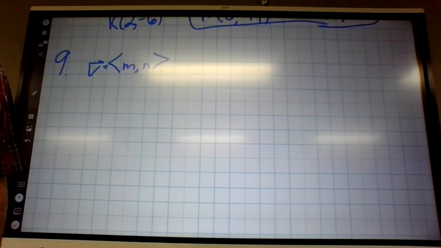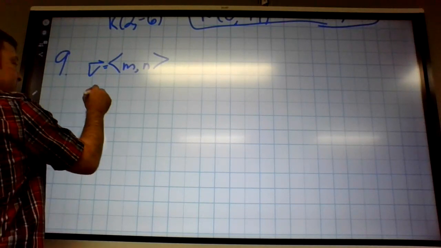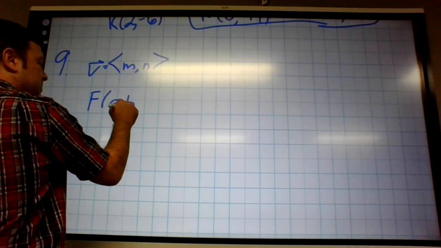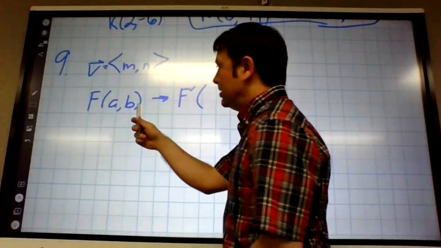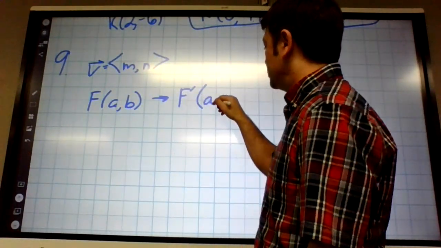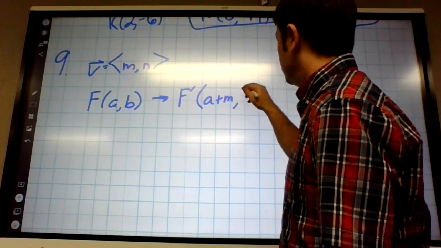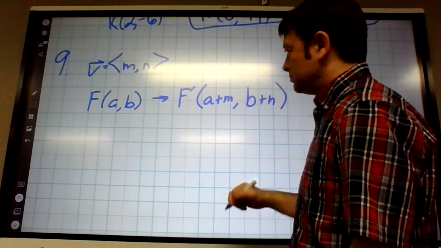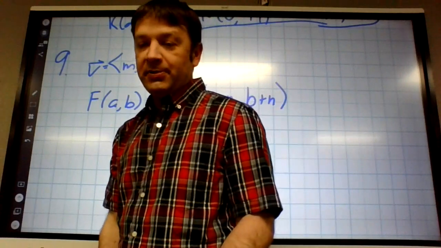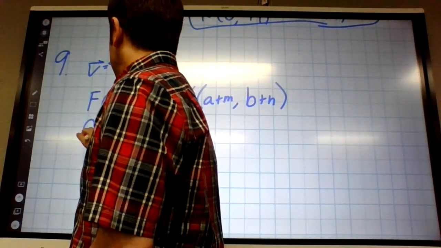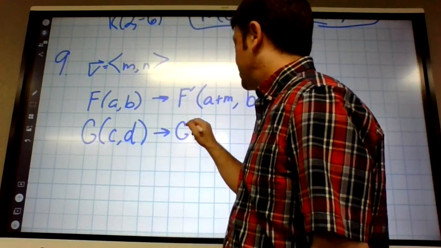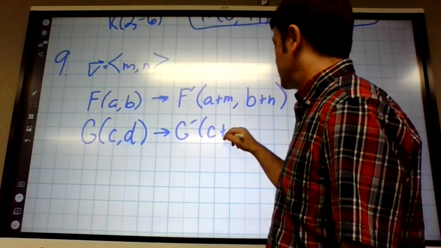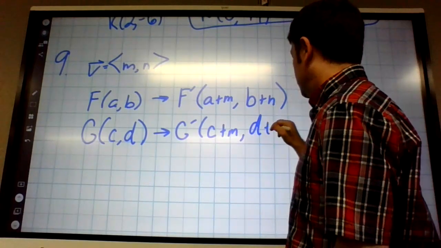So if point F is at A, B, then F prime is going to be at A plus M, comma, B plus N. Easy peasy, right? G is at C, D, so G prime would be C plus M, D plus N.